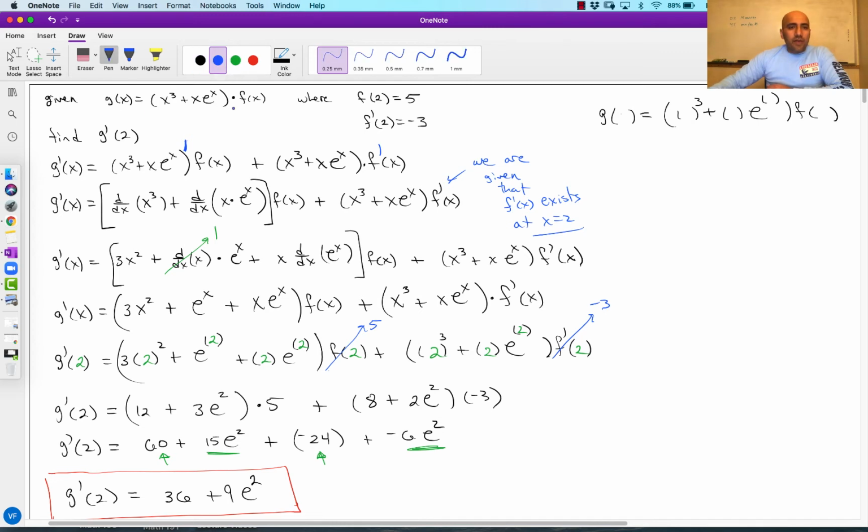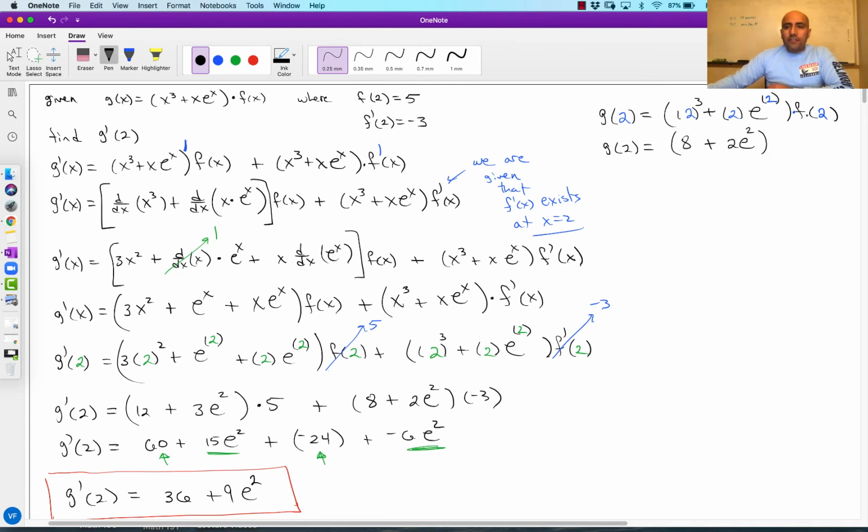Okay, so just evaluating this function at 2, we get g of 2 is equal to 2 to the power of 3 plus 2 times e to the power of 2 times f of 2. Okay, so we can simplify that. That means that g of 2 equals 8 plus 2e squared.